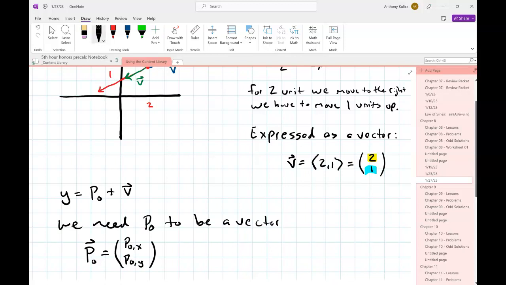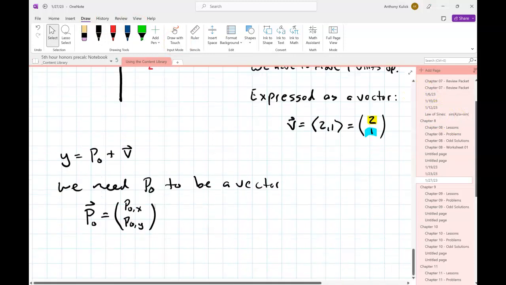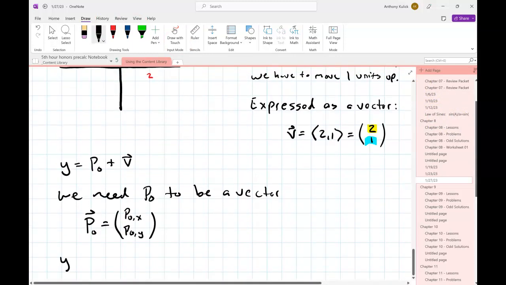I literally just take the x coordinate from the point, make it the x component for my vector, and take the y coordinate from my point to make it the y component for my vector. Easy enough. So if I do that, I can say, okay, y is the vector P naught plus the vector V.